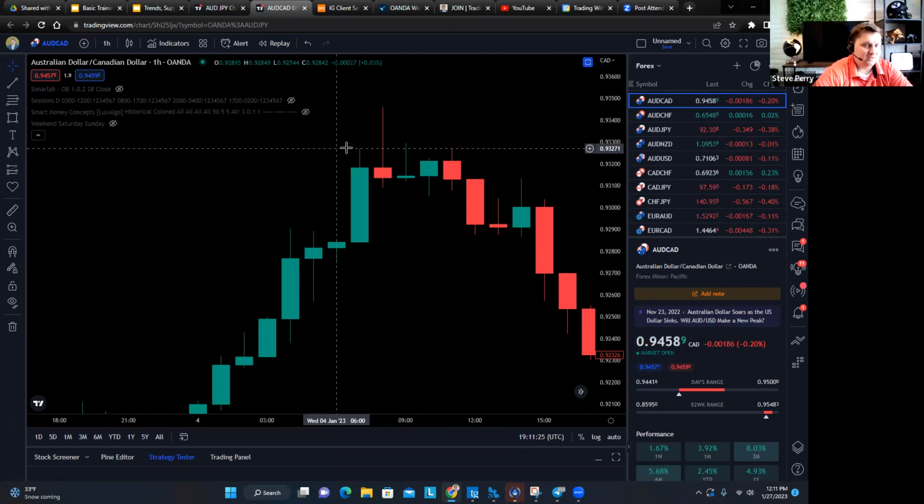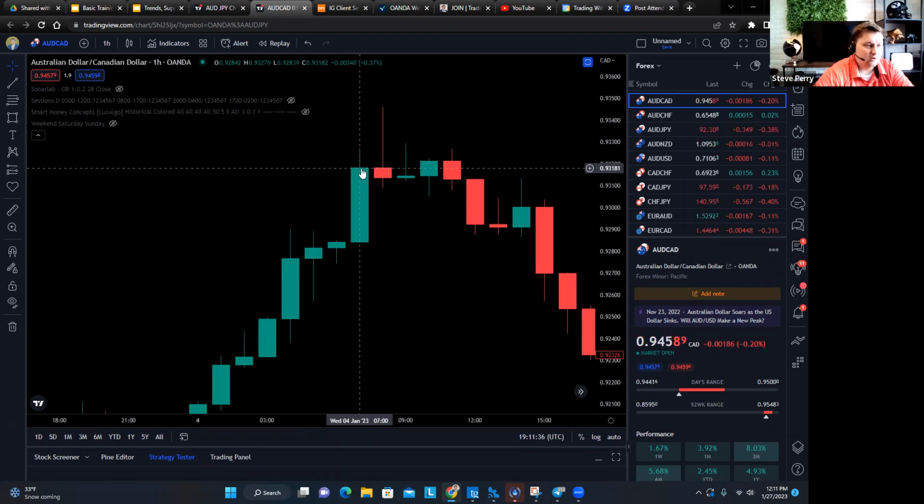But we also know that during that hour, it didn't hold that high and pulled back, and ultimately it closed right there, and the next candlestick began right here, right at the close of the previous candle.